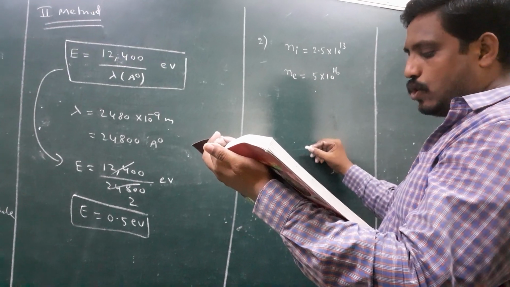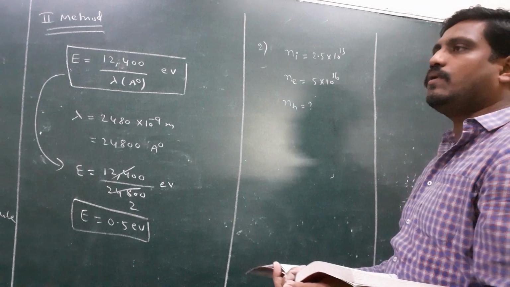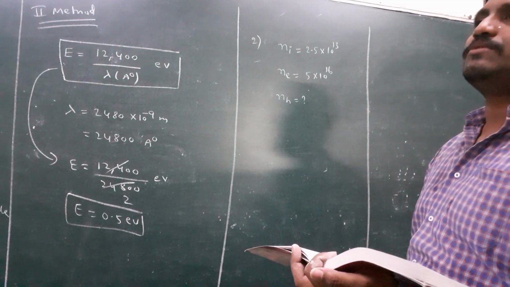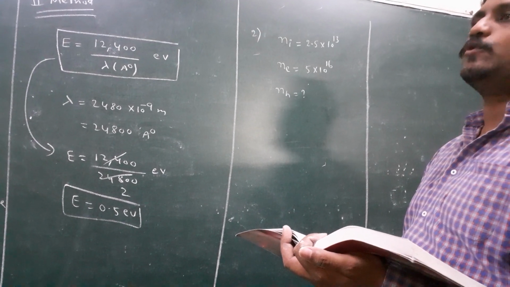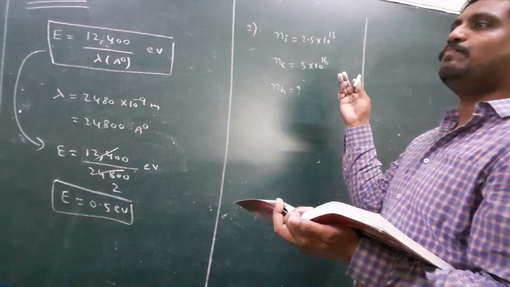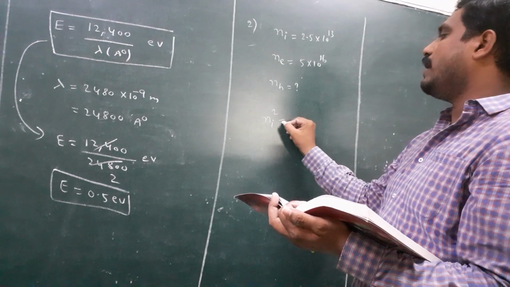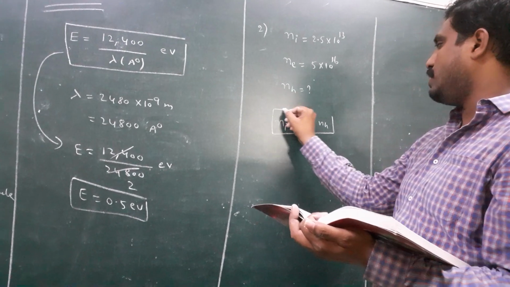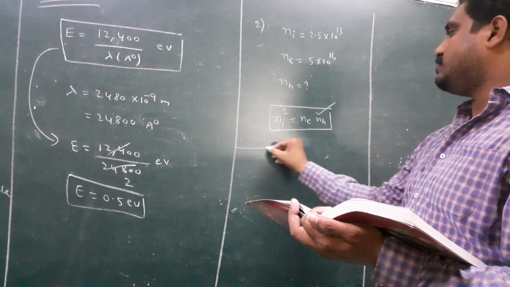Here, hole density NH can be determined. Keyword in the problem: this is N-type. N-type means pure semiconductor doped with a pentavalent or fifth group element. That means this is impure, so we get the formula Ni square equal to Ne into NH.